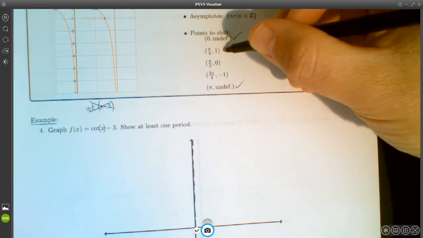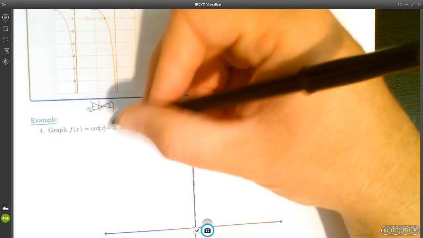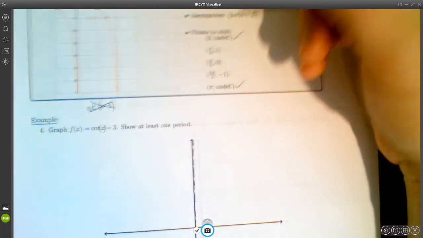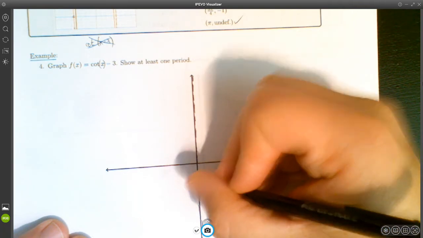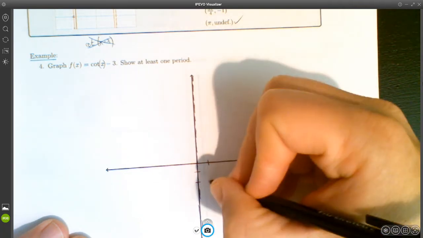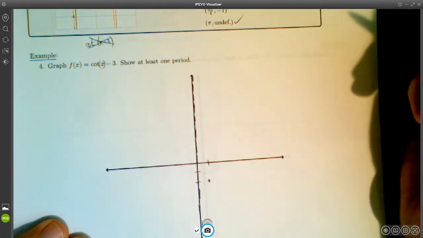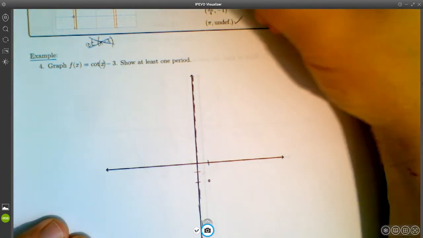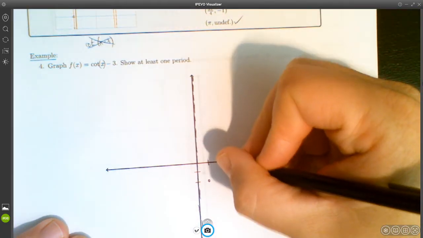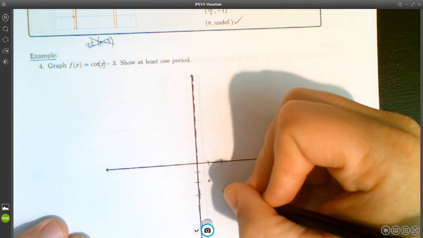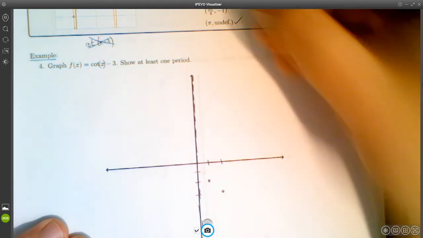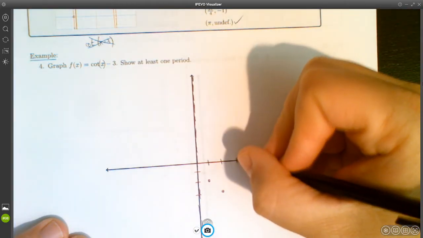Next point is pi over 4, 1, but we're going to shift it down 3, so 1 minus 3 is negative 2. Then we have pi over 2, 0. That's going to go down 3. Then we have 3 pi over 4, negative 1.